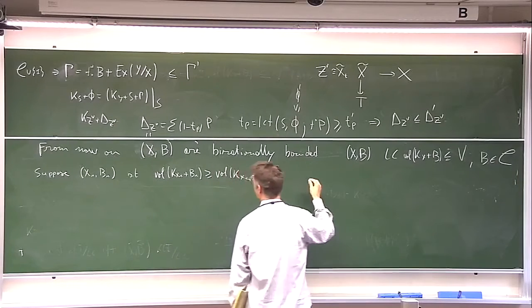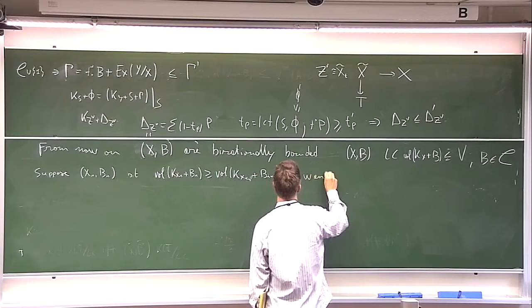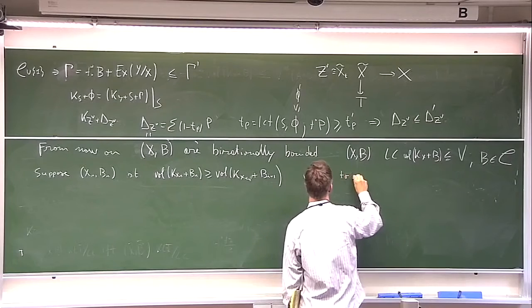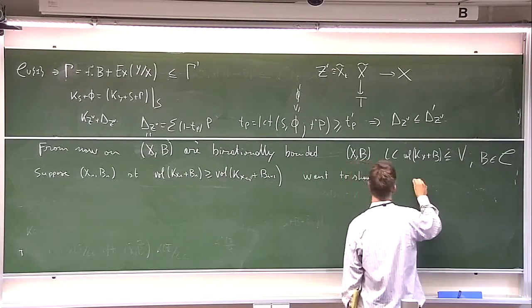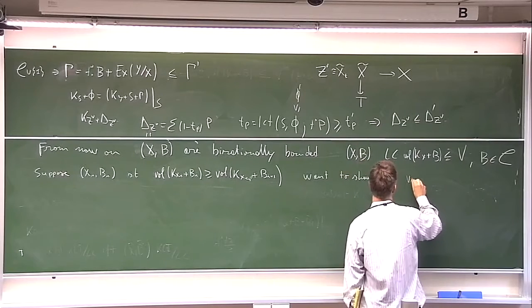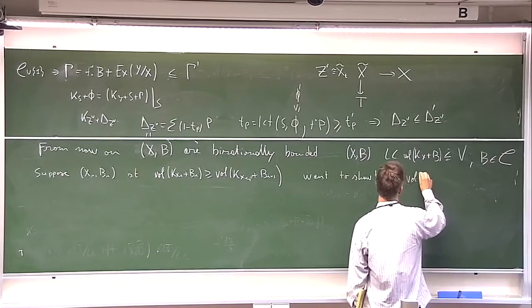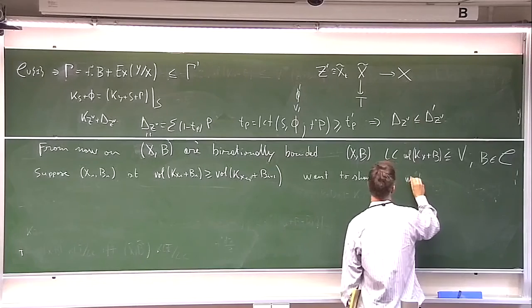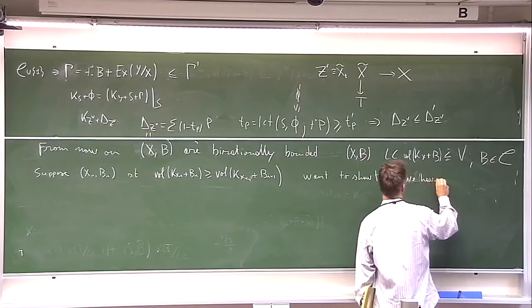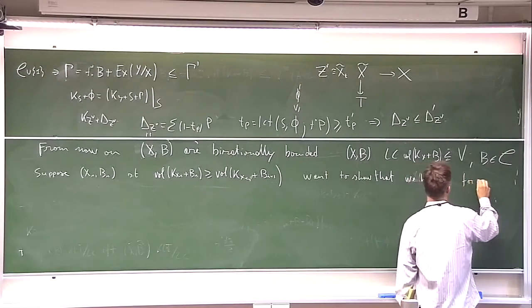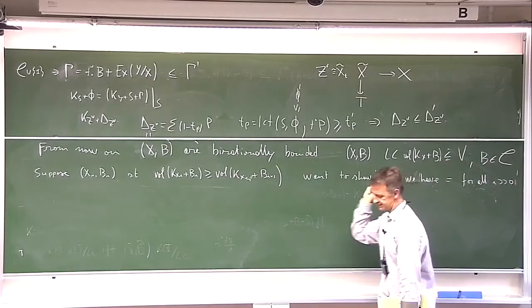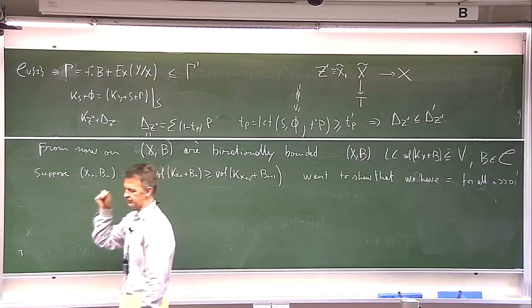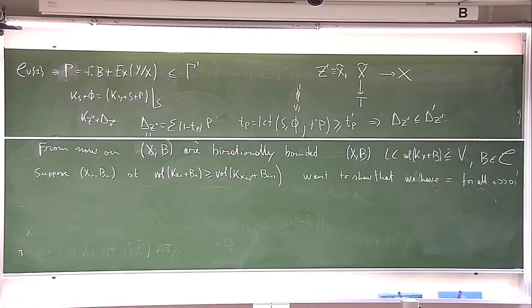Right, then I want to show that, let's just say we have equality for all sufficiently big integers, right? That's what it means to be DCC, that any non-increasing sequence eventually stabilizes.